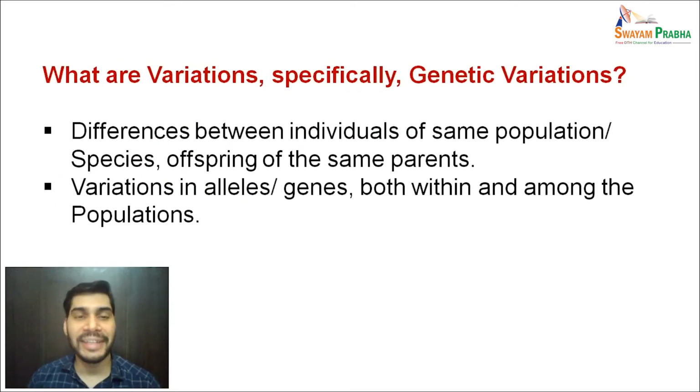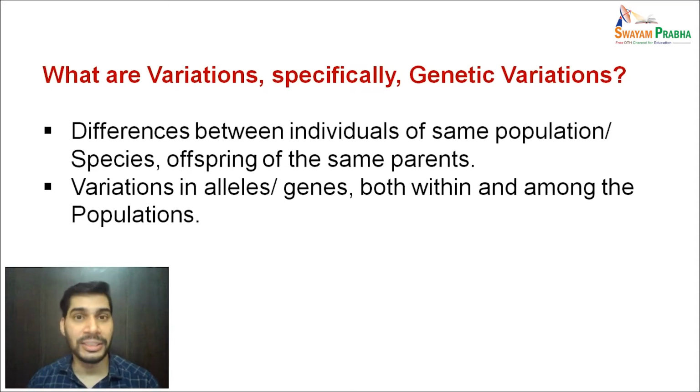Moving ahead, let us first try to understand what we mean by variation or genetic variations. All sorts of differences which we observe between individuals of the same population or species, and even the differences that exist between offspring of the same parents, come under genetic variations.